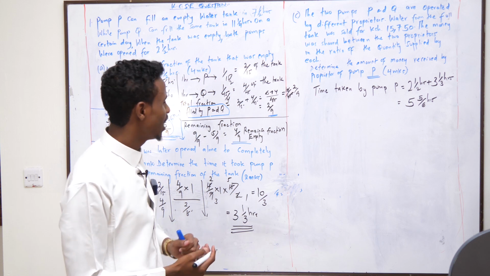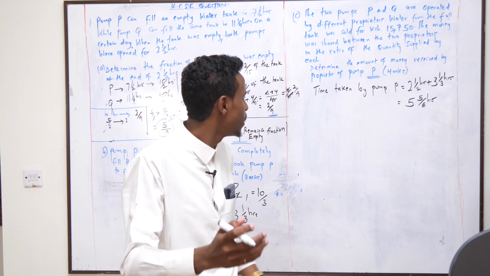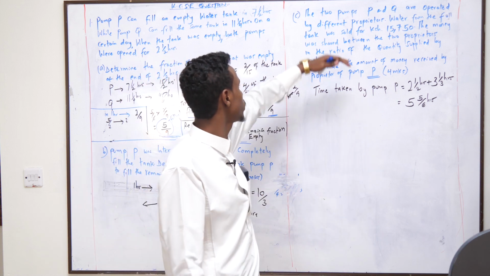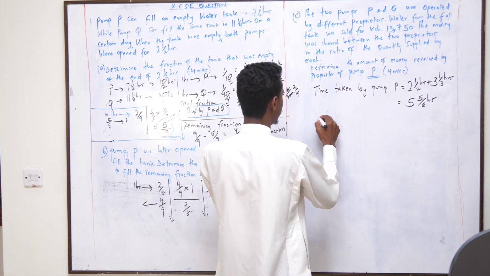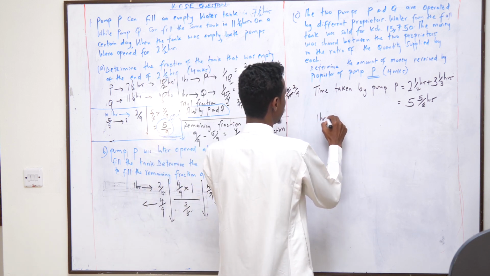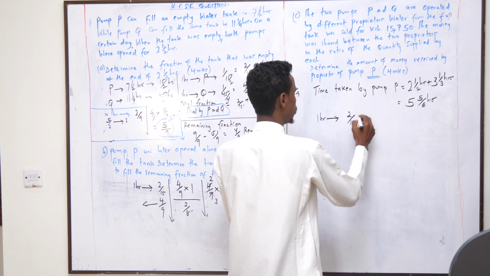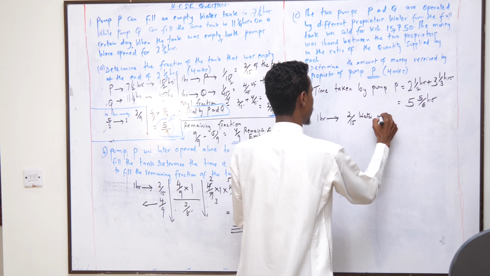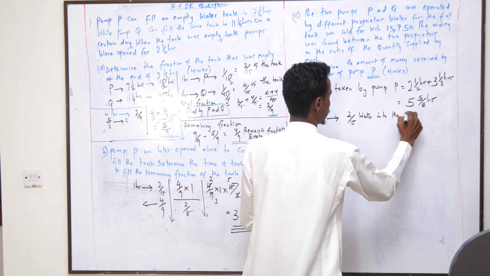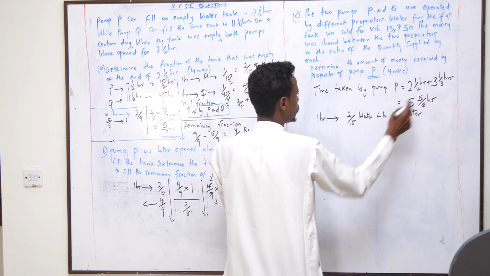Again, how can we get the amount of water pumped by pump P into the tank? We do this very simply. We say if in 1 hour it was able to pump 2 out of 15 of water into the tank, then in this one it will be an improper fraction.